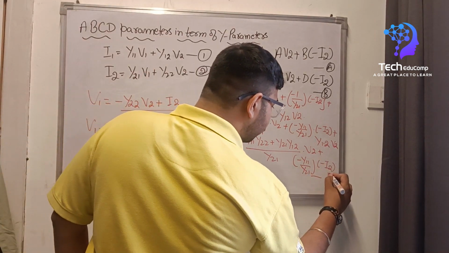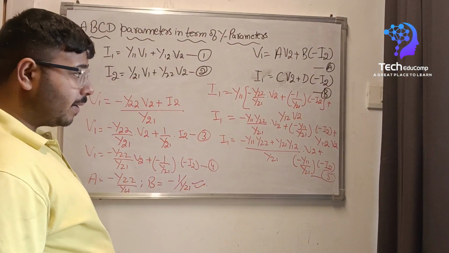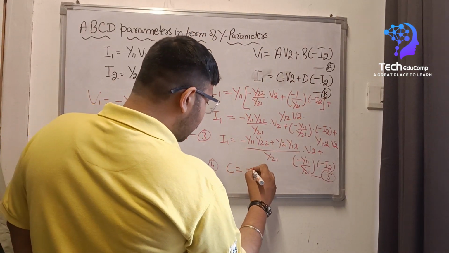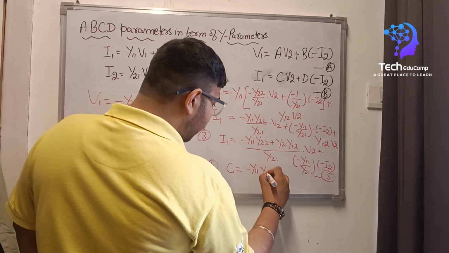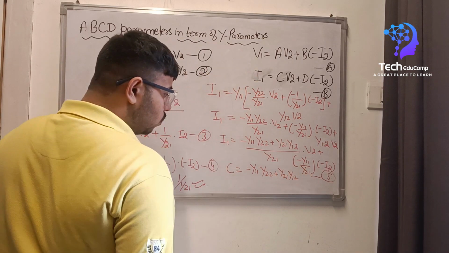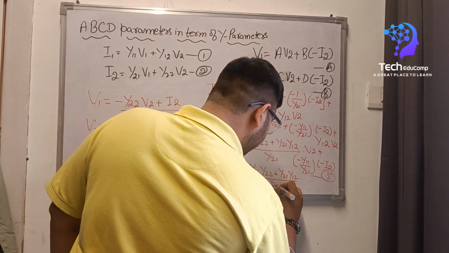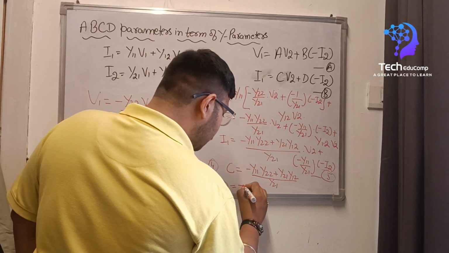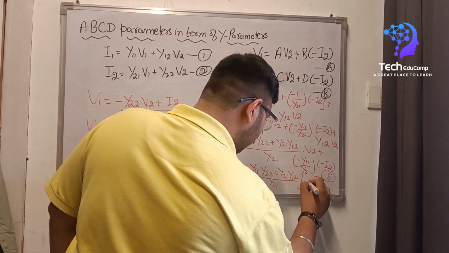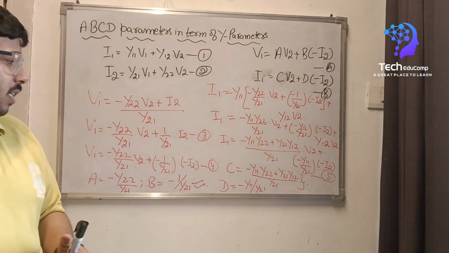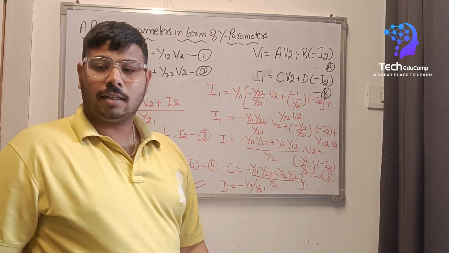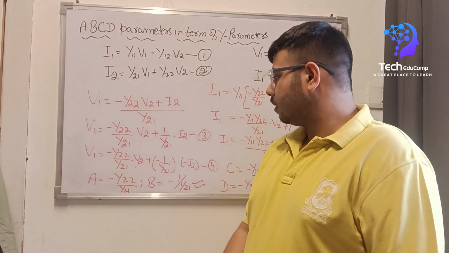This is equation number 5, and when you compare it with equation number B, you will get C equal to minus Y11 into Y22 plus Y21 into Y12 upon Y21, and D will be minus Y11 by Y21. So this is how you write the ABCD parameters in terms of Y parameters.